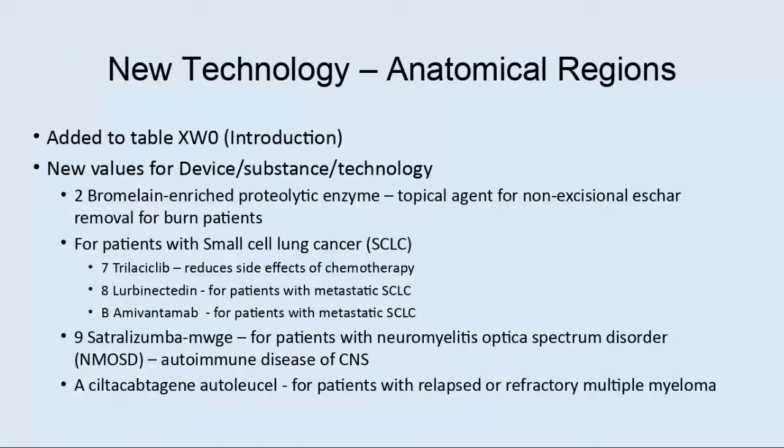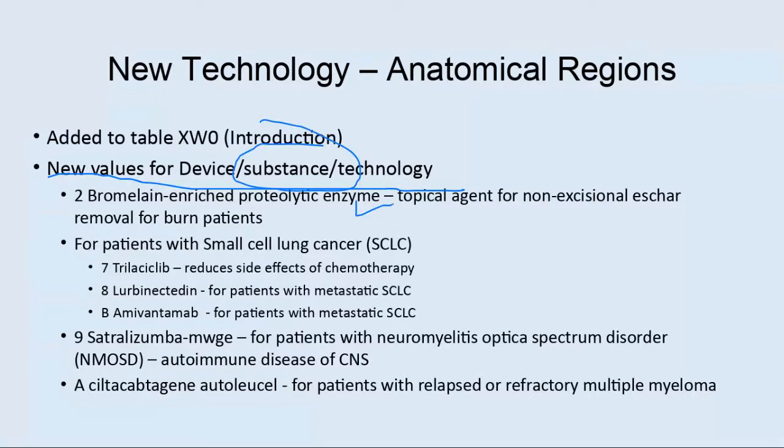So also added to table XW0, introduction, there's a lot of new substances. And I'm not going to try to read all of these because I stumble over the words. So you have new values for device substance technology. These are substances. So for burn patients, you have this one.